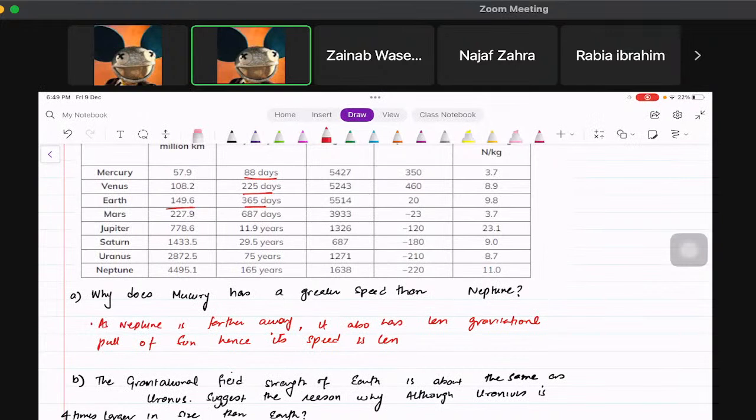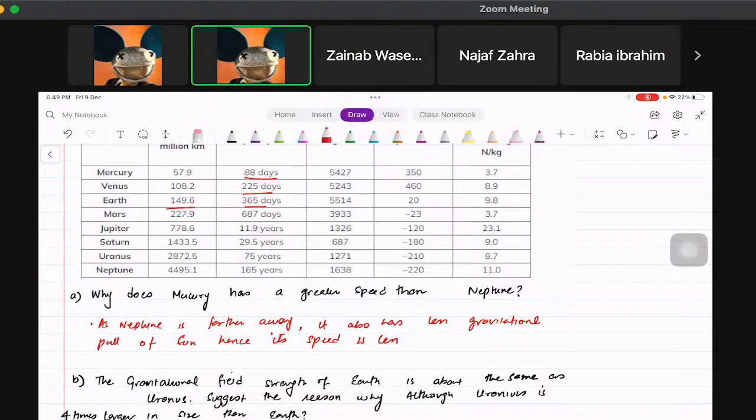So although the size of Uranus is larger, its mass is smaller, as Uranus has a smaller density. Smaller density means it has less mass but more volume. Do you understand?